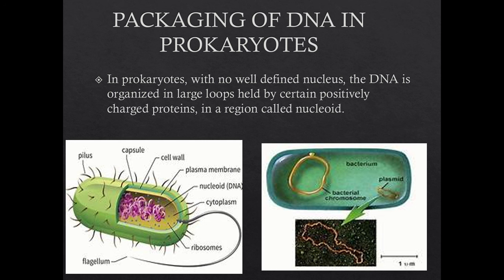In prokaryotes, with no well-defined nucleus, the DNA is organized in large loops held by certain positively charged proteins in a region called the nucleoid. This diagram shows the structure of the nucleoid in bacteria, and you are also seeing the plasmid and bacterial chromosome in the prokaryotic cell.